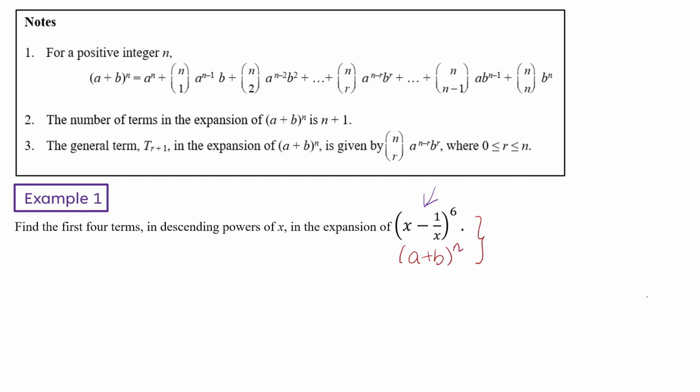From here, you can substitute a to be x, b to be negative 1 over x. This is very important. If you don't substitute b to be negative 1 over x, then you won't get the correct answer. And n is equal to 6.